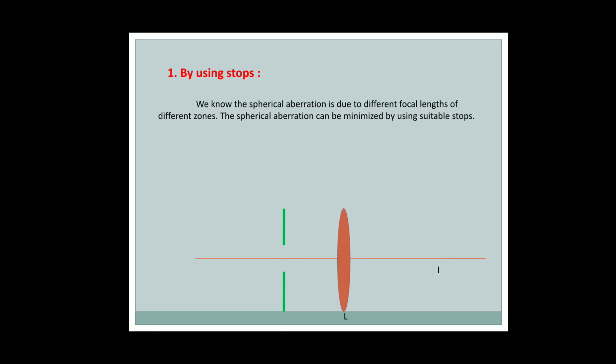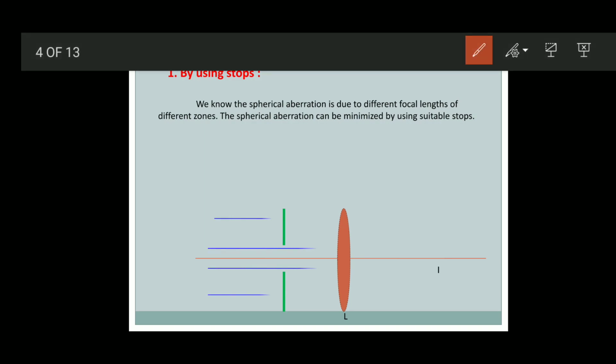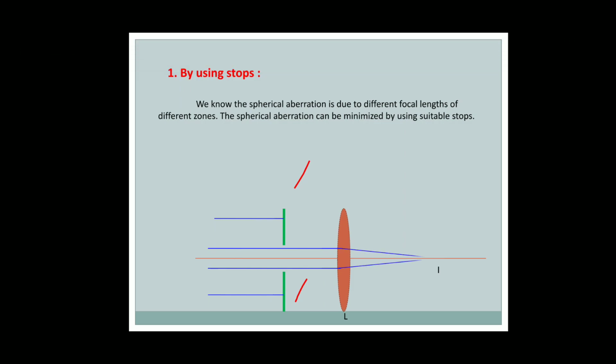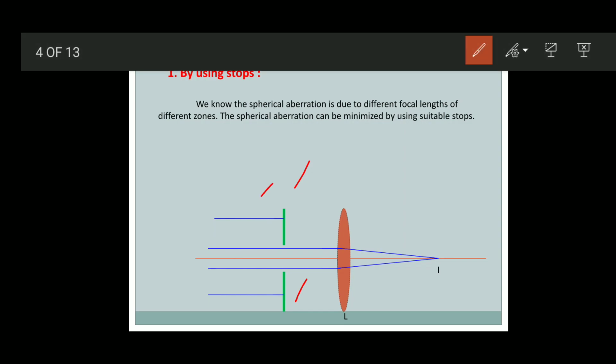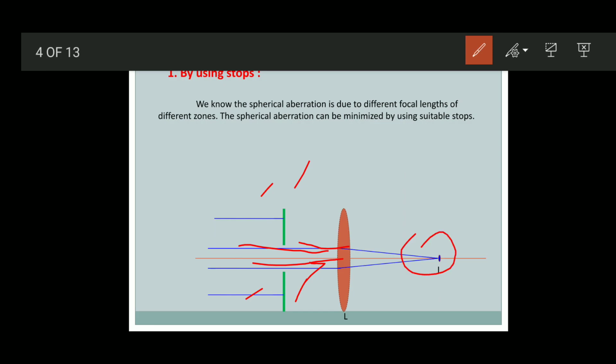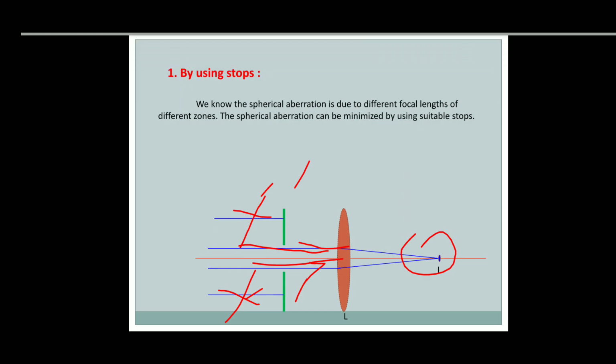So this is the convex lens, and this is the slit in front of the convex lens. If rays are incident on the slit and lens from infinite distance, the marginal rays are blocked by the slit, and paraxial rays are incident on the convex lens and form an image at I. So only the paraxial image exists on the principal axis and marginal rays are blocked at the slit, so that by using this stop we can minimize the spherical aberration.